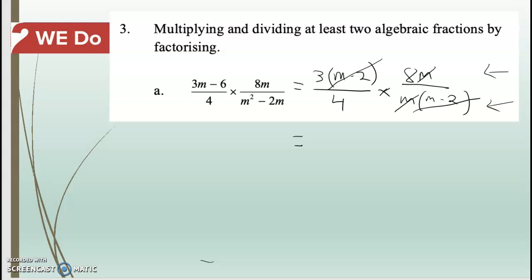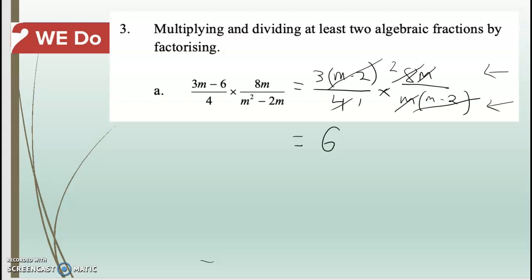Now in terms of numbers that I've got left, on the top I can see that I've got 8 and on the bottom a 4, and they nicely divide into each other. So 8 over 4 is the same thing as 2 over 1. So really I'm just left with 3 times 2 divided by 1, which is 6, divided by 1, it's still 6.